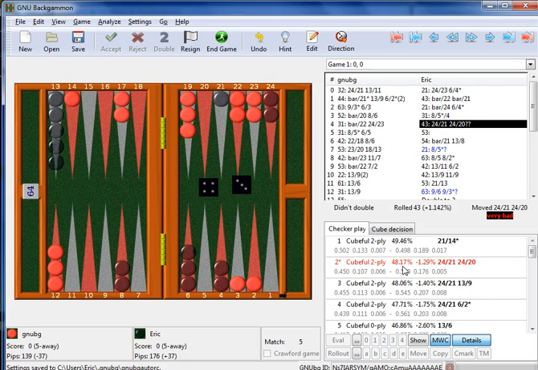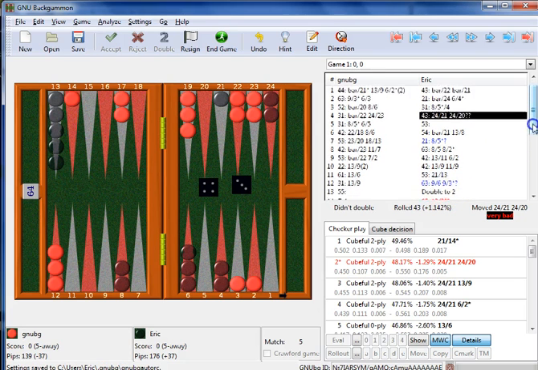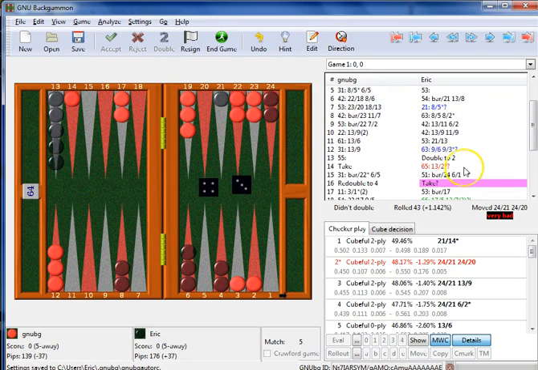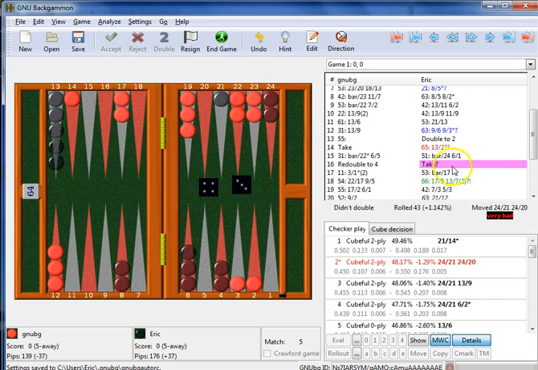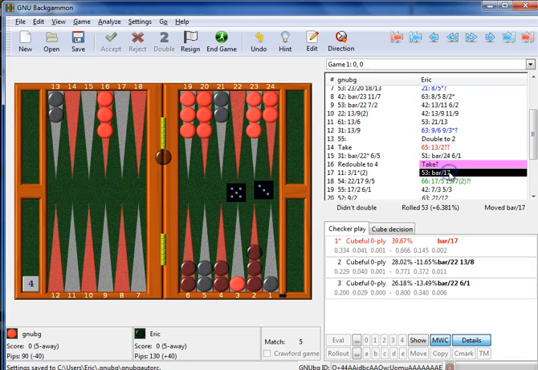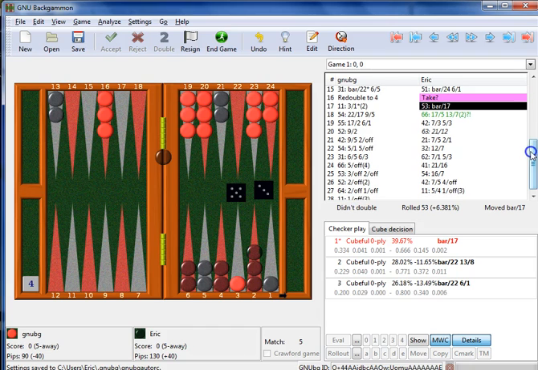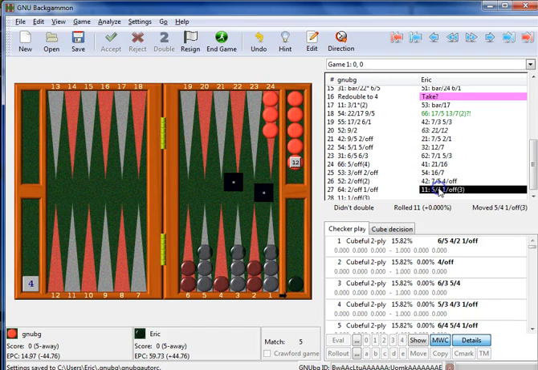You start out with a 50% match winning chance, so on only the 4th move of the game, I was down to 48. As you get further in the game and I'm looking like I'm going to lose 4 points, you can see that my match winning chances start going down considerably, down to 39%. And as I'm losing, almost guaranteed to lose a 4-point game, the match winning chance is down to 15%. That's what the match winning chance button shows you.